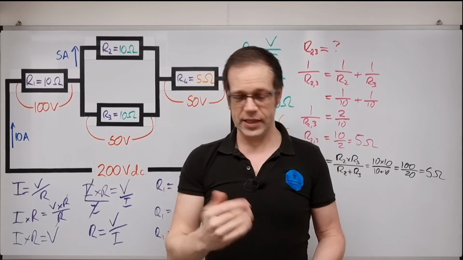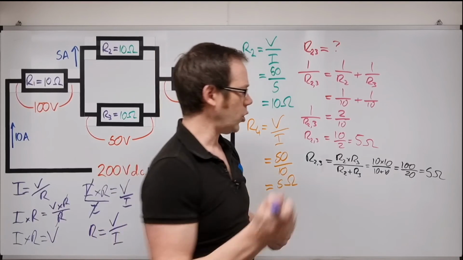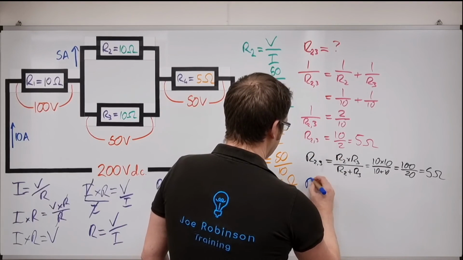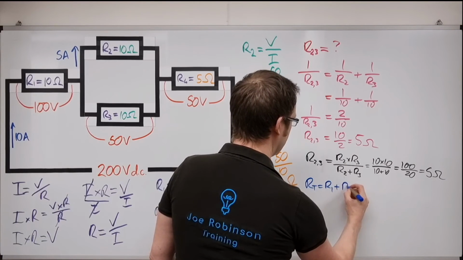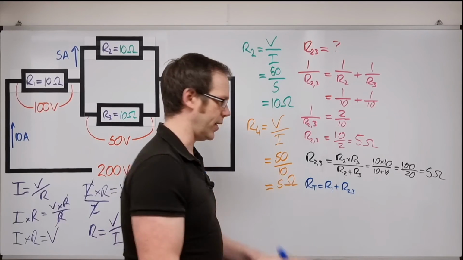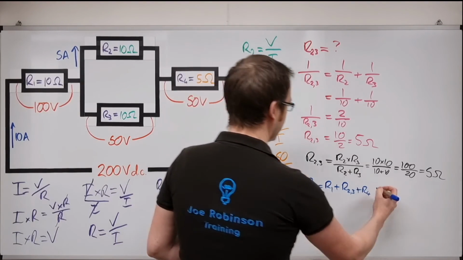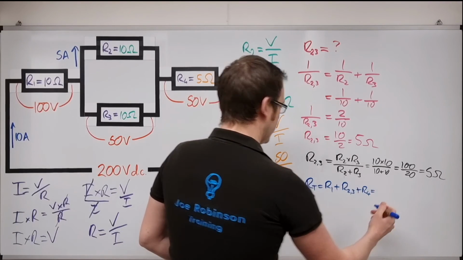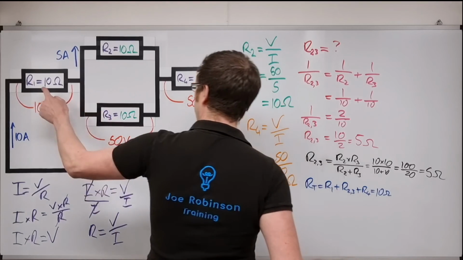So to find the total resistance for the circuit, it really couldn't be easier at this point. All we've got to do is say the total resistance will be equal to R1 plus that value that we just figured out for R2 and R3 in the parallel part of the circuit, plus R4. That is going to give us, again, really nice and simple, 10 ohms that we figured out over here.